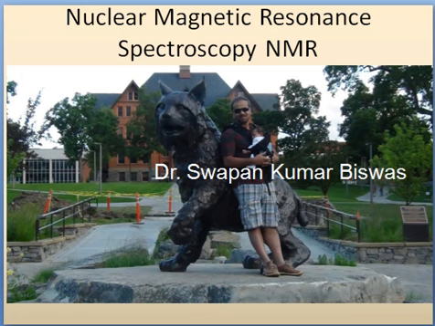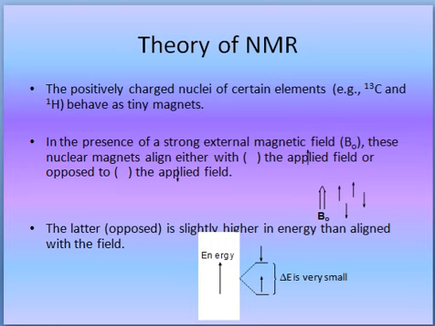So, the theory of NMR: a positively charged nucleus of a certain element. That element, definitely here, is carbon and hydrogen. For organic chemistry, these are the major experimental handles to determine the organic molecule.